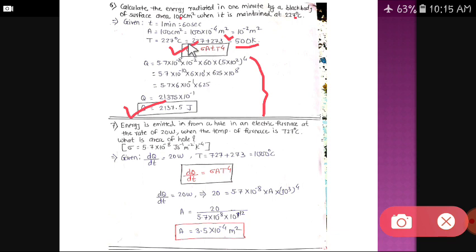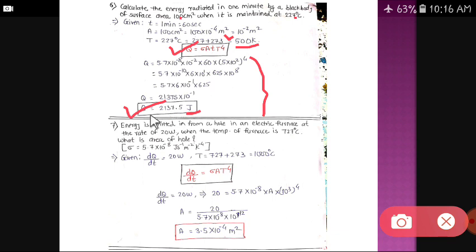So Q, the energy radiated in 1 minute by a black body, is 2137.5 joule. You have to write the unit as well, because 1 mark is given combinedly to the magnitude and the unit.